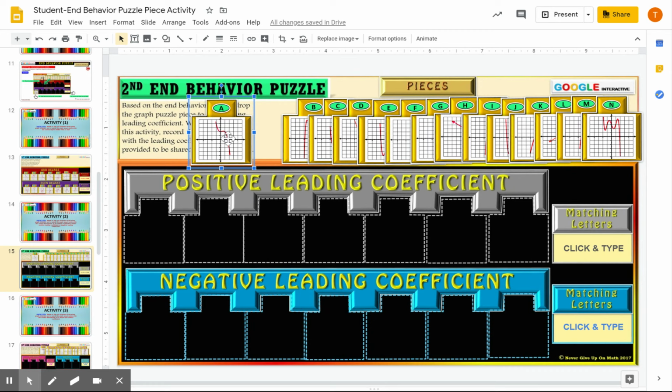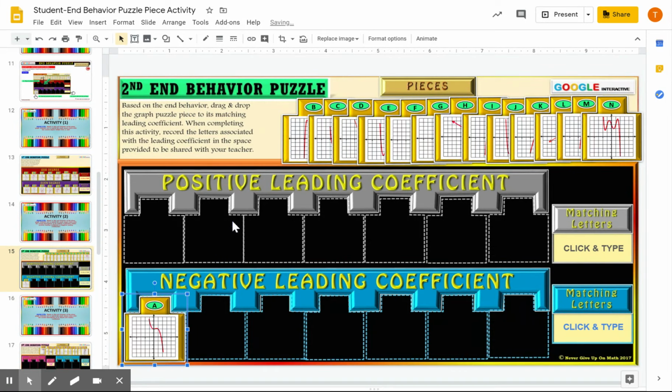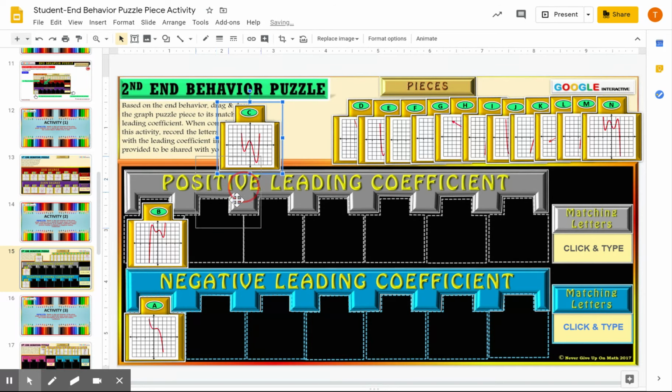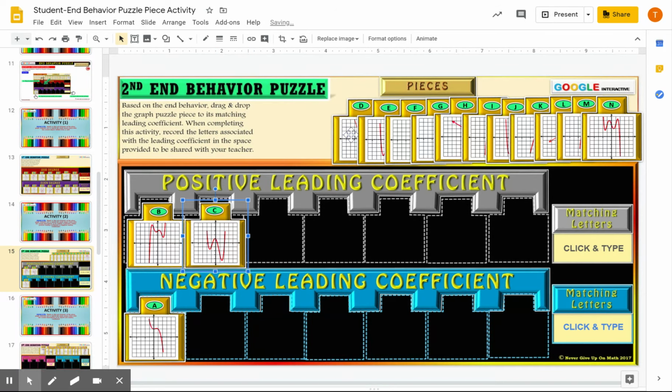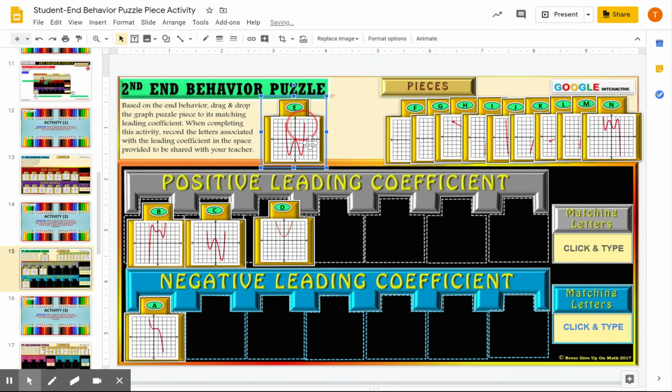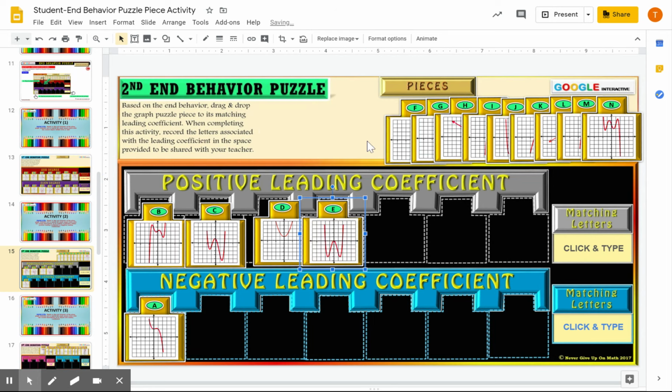This one is headed down on the right, so it's negative. And again, for these, we only care about what's happening on the right. This one is up on the right, so we put it positive. This one is up on the right, so we put it positive. This one is up on the right, so we put it positive. I'm not doing a very good job of placing these in there. That's okay. And this is up on the right, so that's positive.